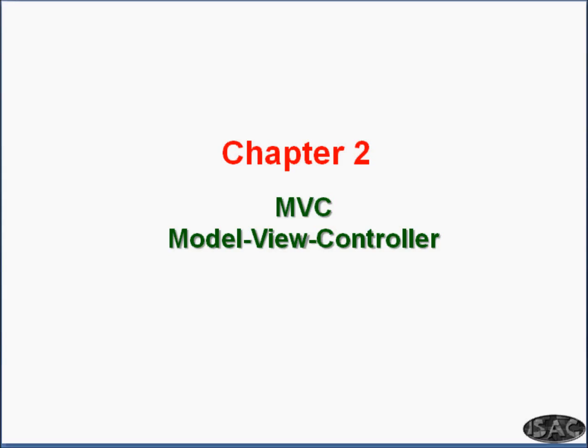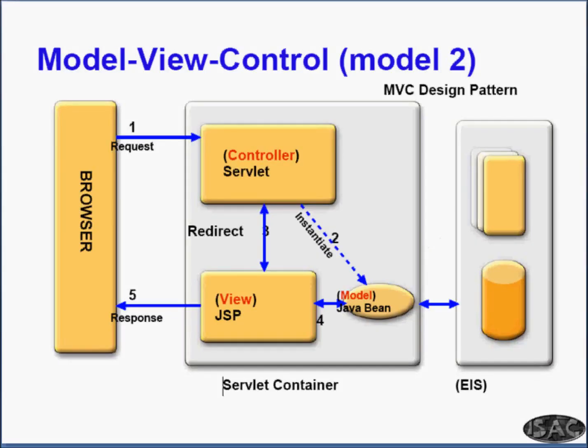What happened in this? Okay, look at here. You can see this diagram. The MVC model is very clearly presented here. Whenever any request comes from the client or from the browser, this is request one here.